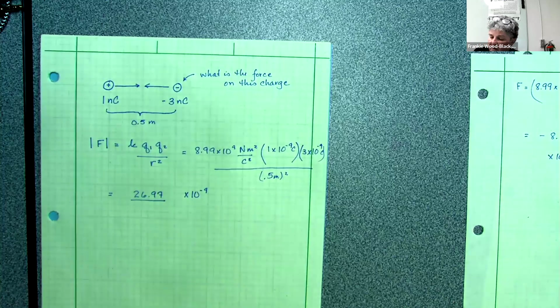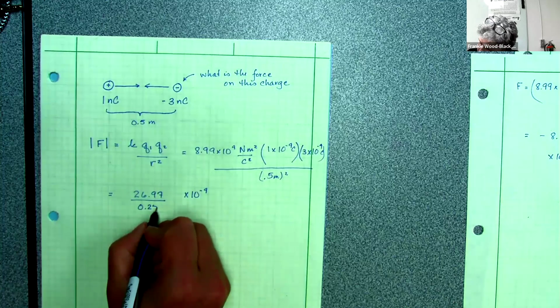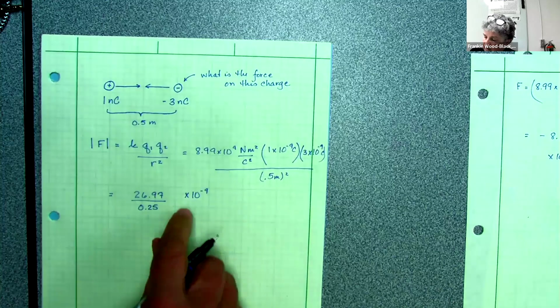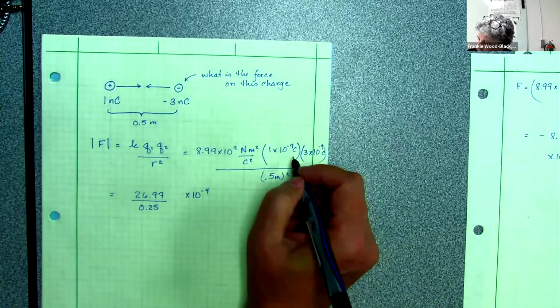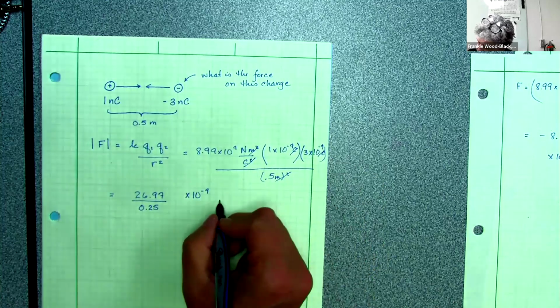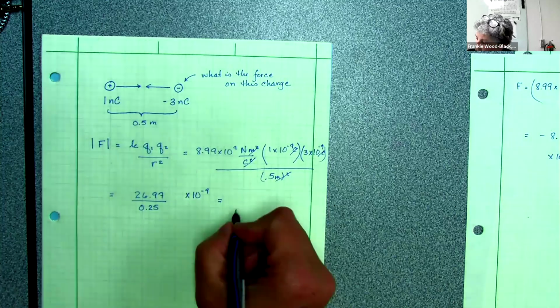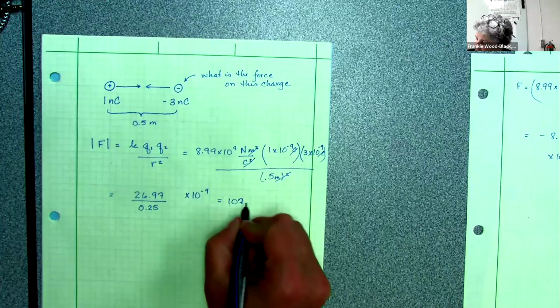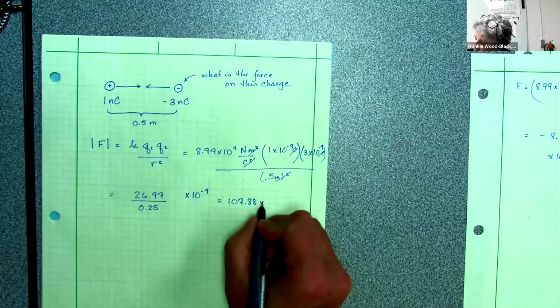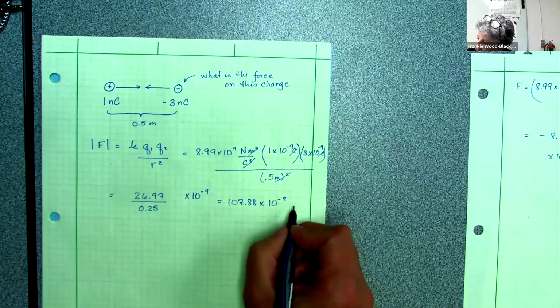And I'm going to have my 0.5 squared, gives me 0.25 on the bottom, times 10 to the minus 9. My coulomb squares cancel each other out. My meter squares cancel each other out. And I'm going to get 26.97 divided by 0.25. And I get 107.88 times 10 to the minus 9 newtons.